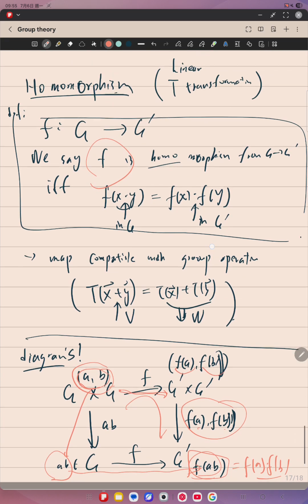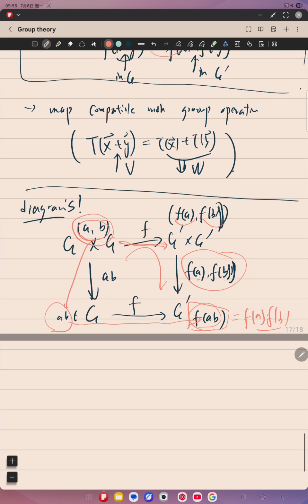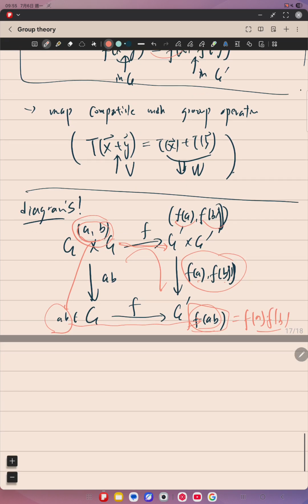So if f is a group homomorphism, then this diagram will be commutative. Another definition says that you collect every map f such that this diagram commutes.